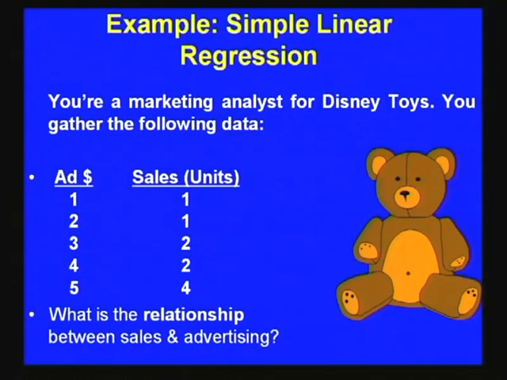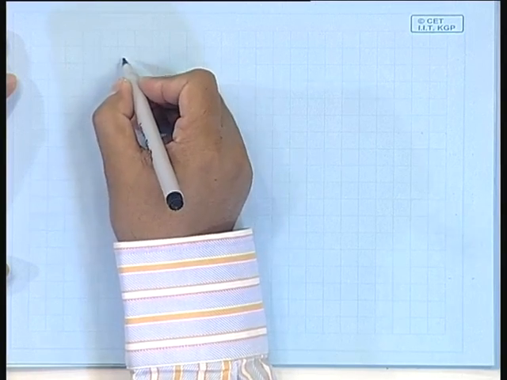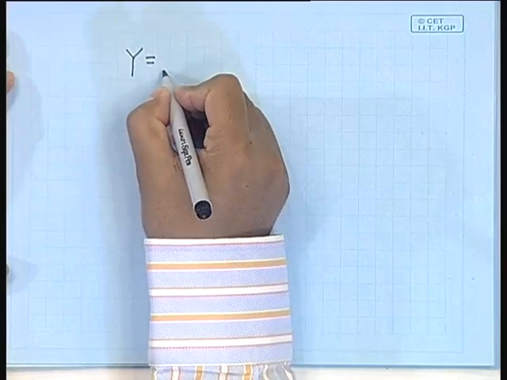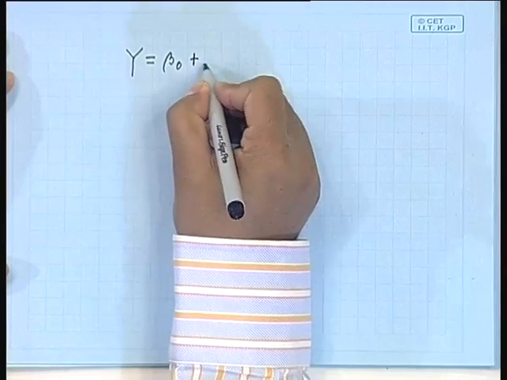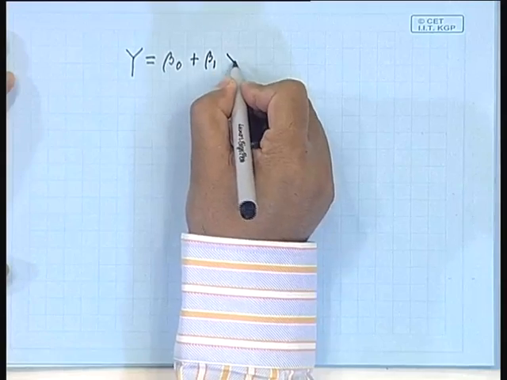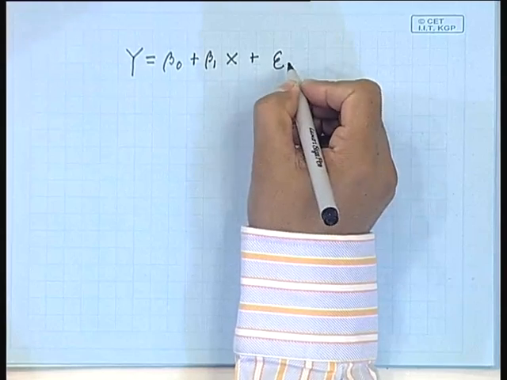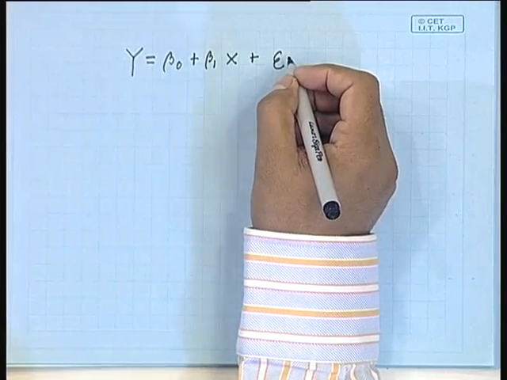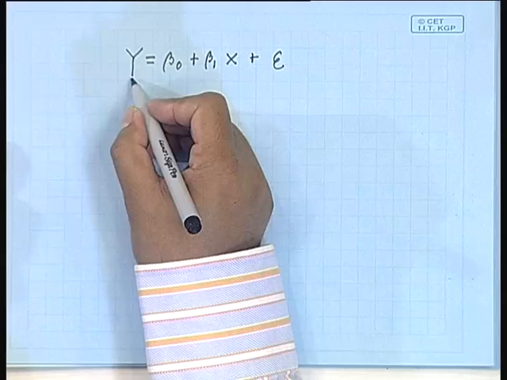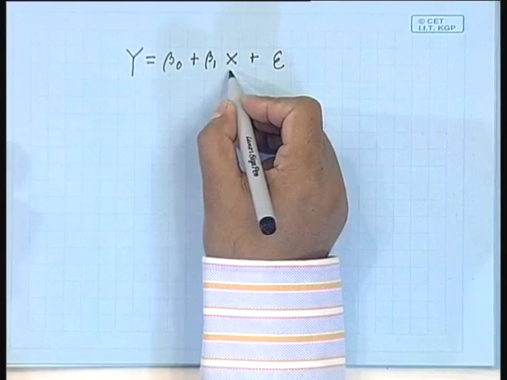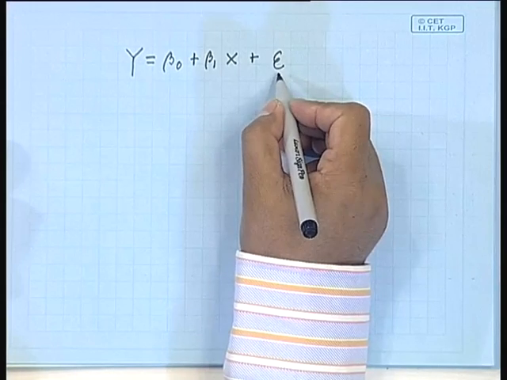Let me just recall the simple linear regression model. The general form is y equal to beta naught plus beta 1 x plus epsilon, where y is the response variable, x is the regressor variable, and epsilon is the error term.